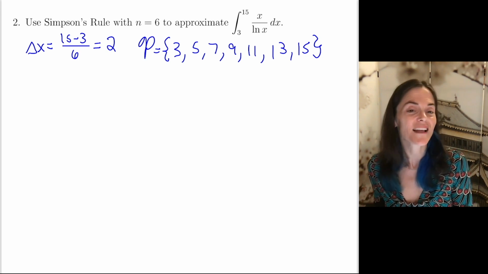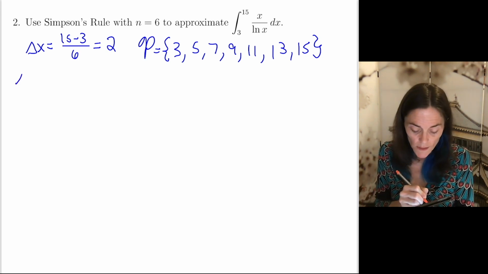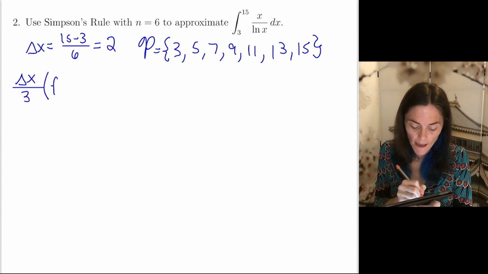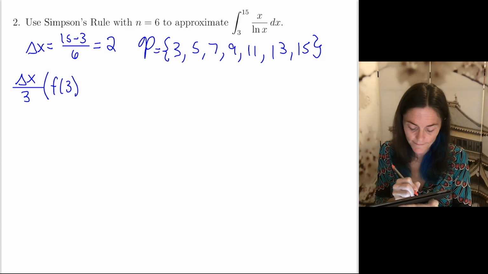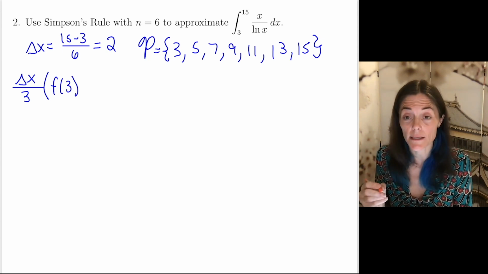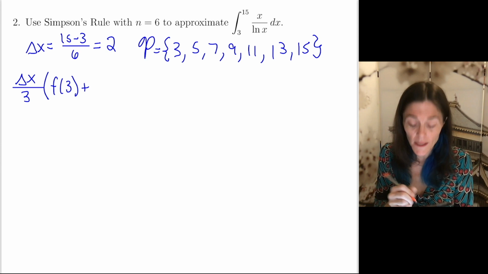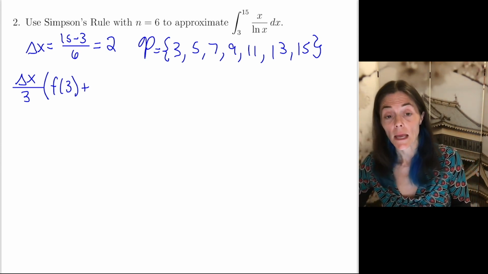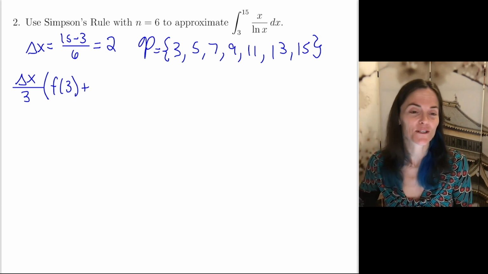Next, the formula for Simpson's rule. This one has a delta x over 3. And then we take f of the first, where the integrand is f of x. Then it goes 4, 2, 4, 2, 4, 2, like this, until the very last one has coefficient 1.